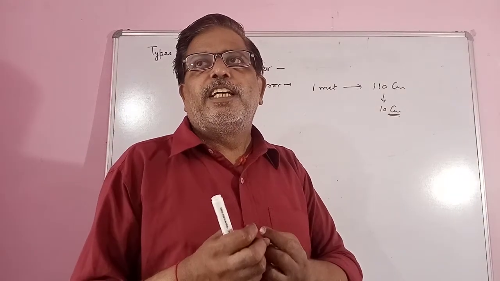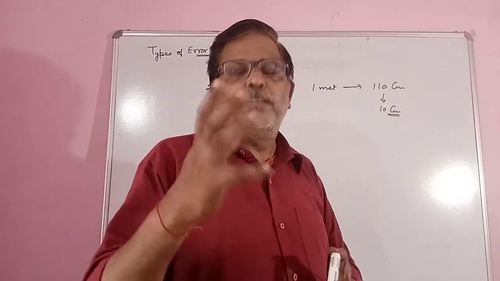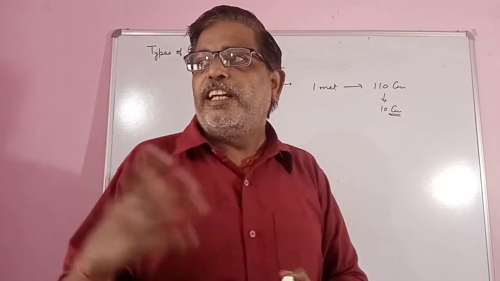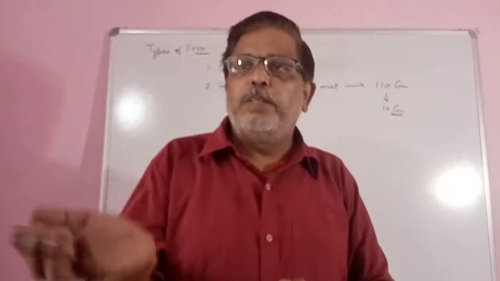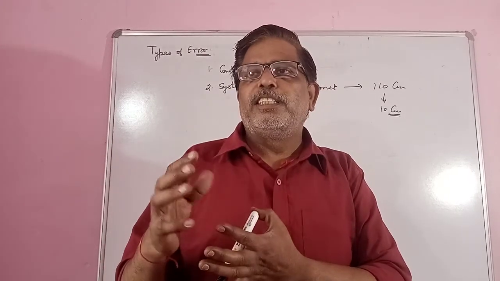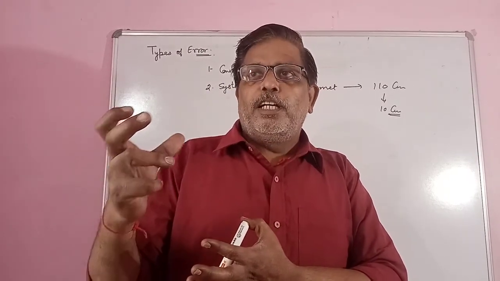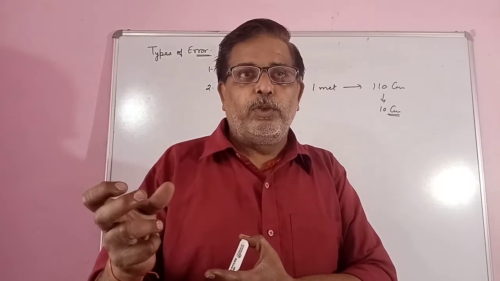You can say there is a difference between systematic and random error. Next error is random. In random error, the error may be of positive and may be of negative type. But in systematic, always we are doing the same error but in different magnitude.